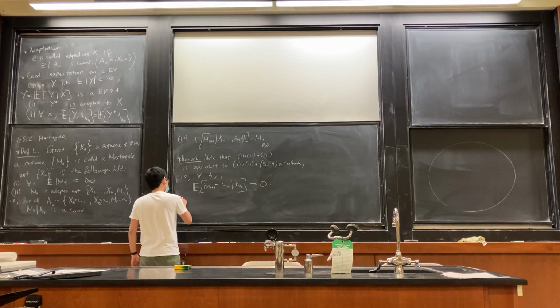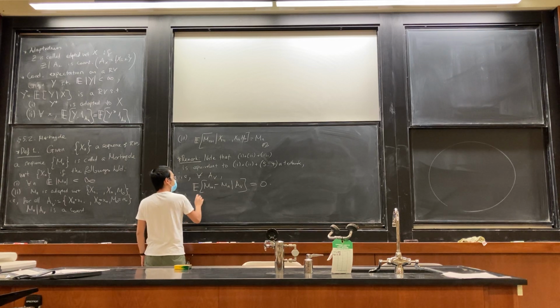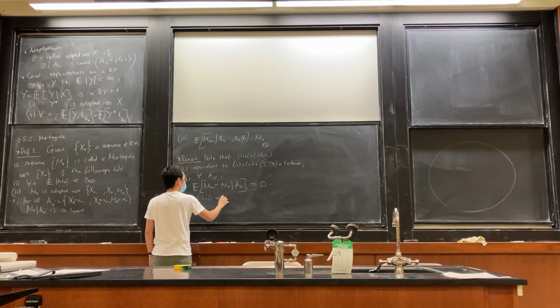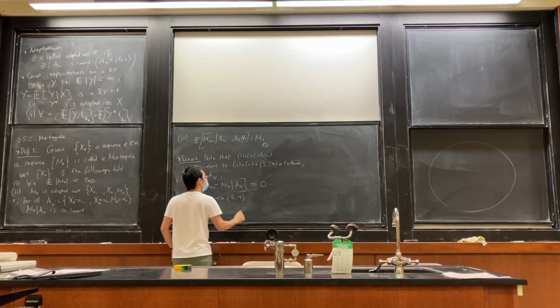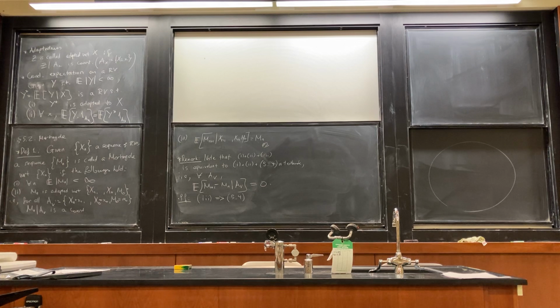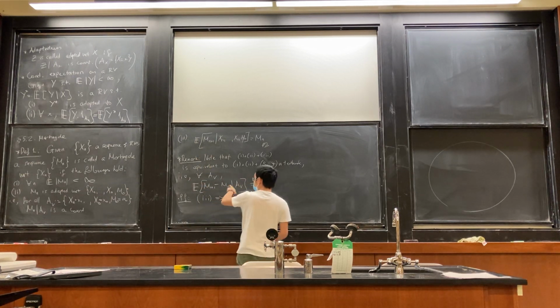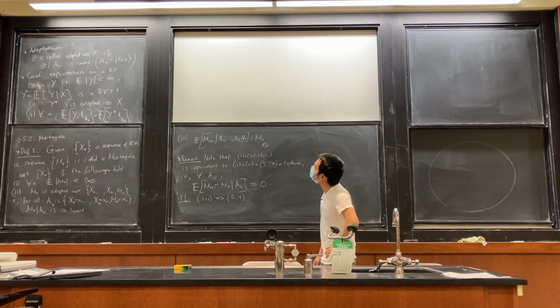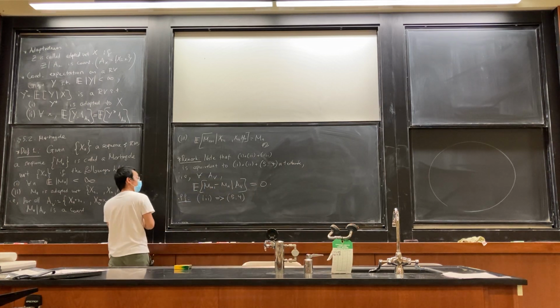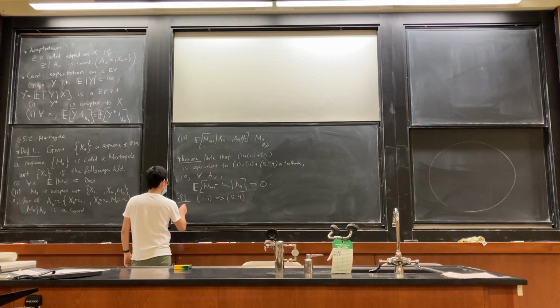To see this, let's see how condition 3 implies 5.4. So how do we get that? To go from 3 to 5.4, I just have to invoke, I believe, this property.